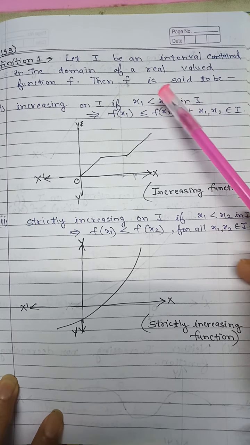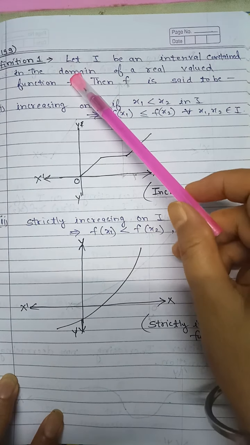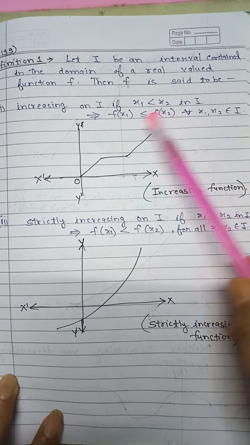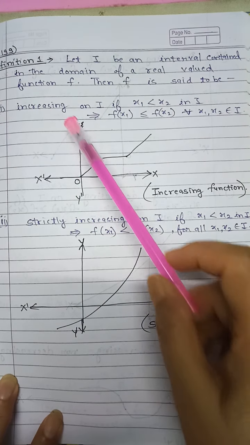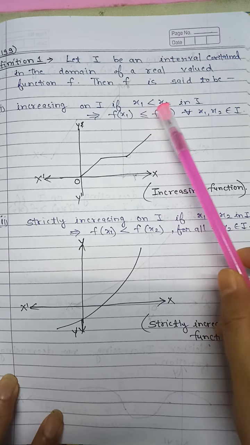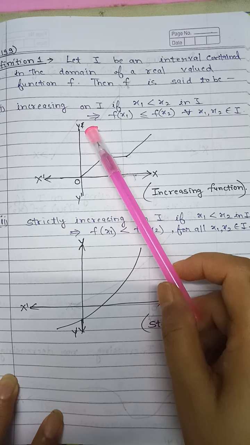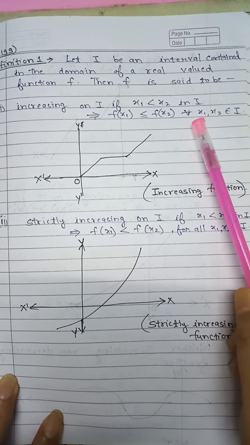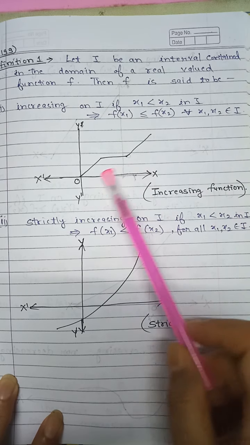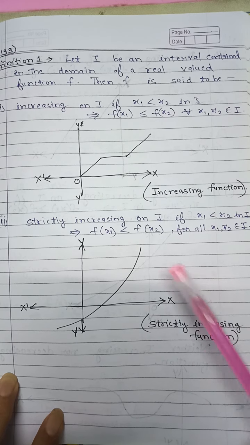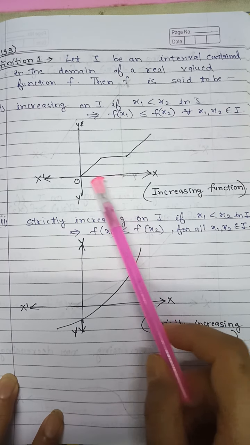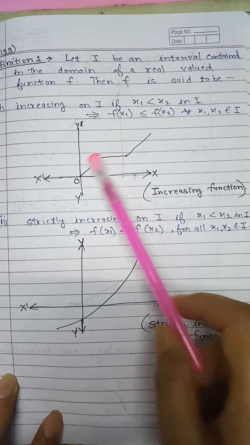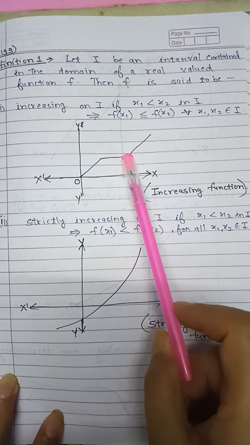Let I be an interval contained in the domain of a real valued function f, then f is said to be, see this graph, increasing on I if x1 less than x2 in I implies that f(x1) is less than or equal to f(x2) for every x1, x2 belonging to I. You can see from the graph that when x1 is less than x2, the value of f(x1) is also less than or equal to f(x2), and when it is equal, then we can say that it is equal also.